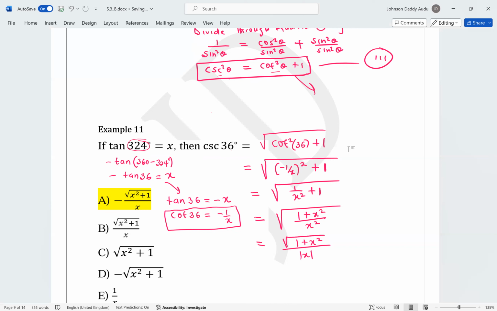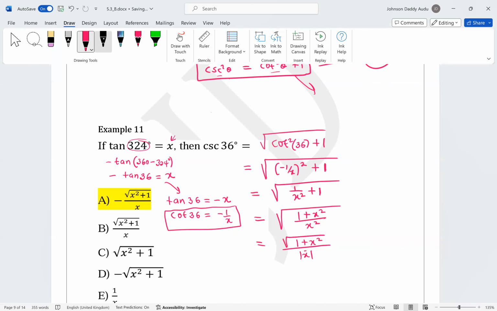It is in the fourth quadrant. And in the fourth quadrant, we know tan is negative. So actually this x you're seeing here is less than 0.